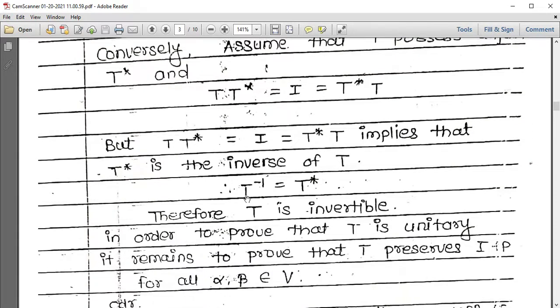Hence, T inverse is equal to T star. Therefore, T is invertible. Here we prove that T is invertible.